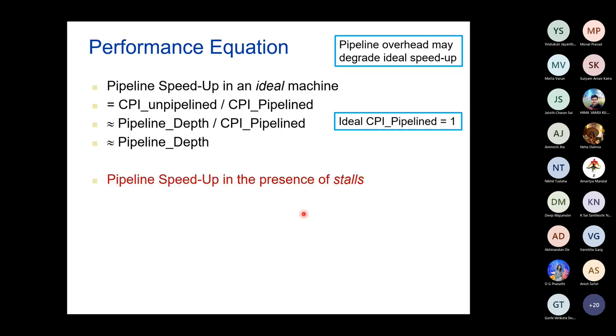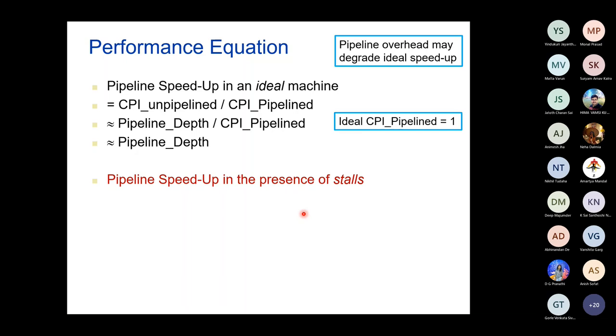So now in the presence of stalls, what would happen? You have a program and you run that program on the pipelined machine, and we have several instructions, and at the end maybe we have, say, 100 stalls.